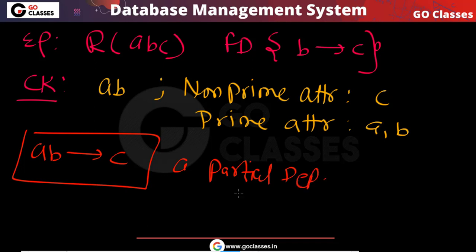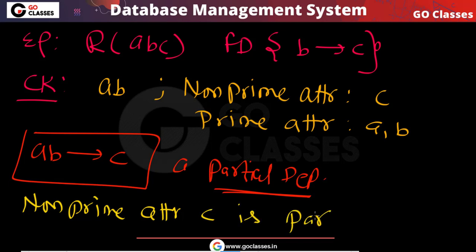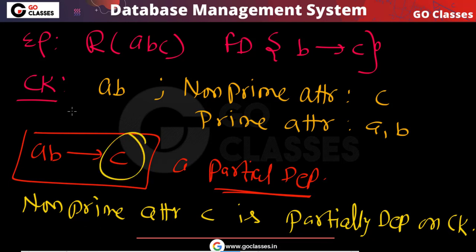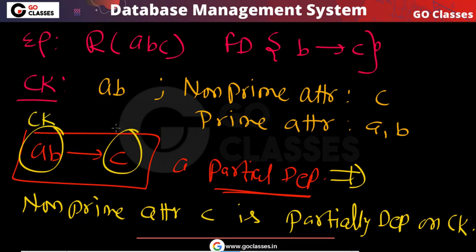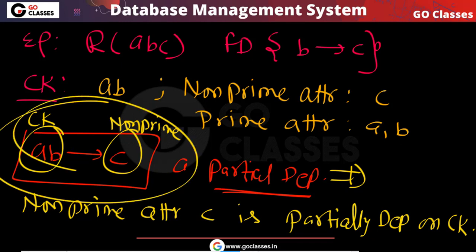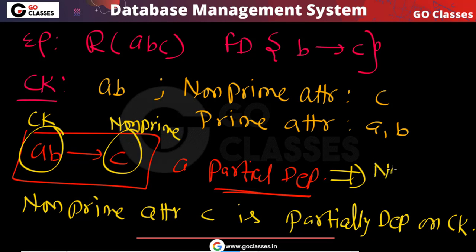Because this is a partial dependency, the relation R is not in 2NF.